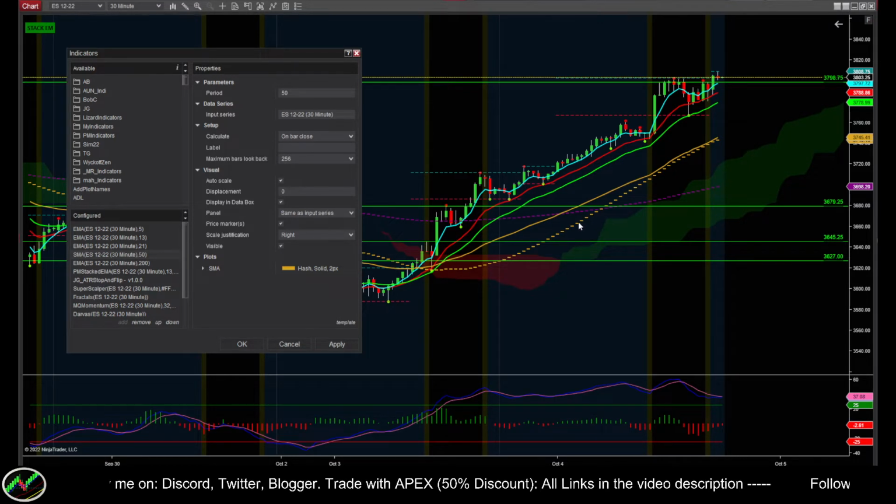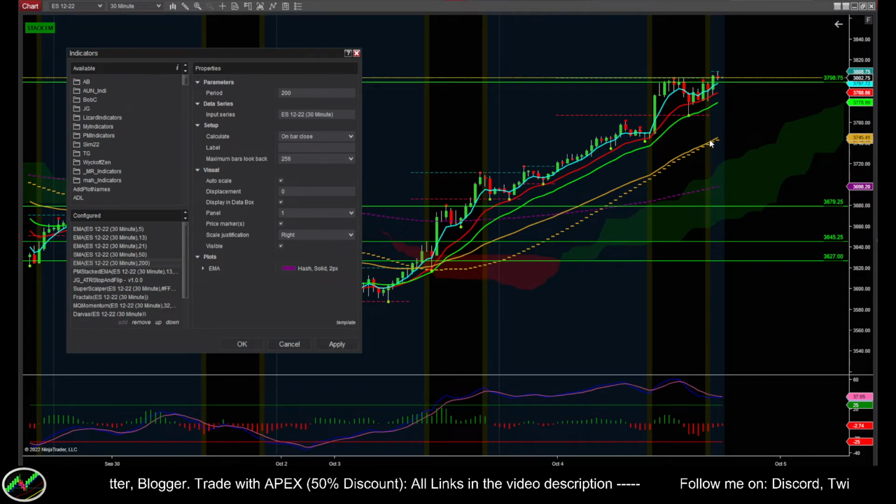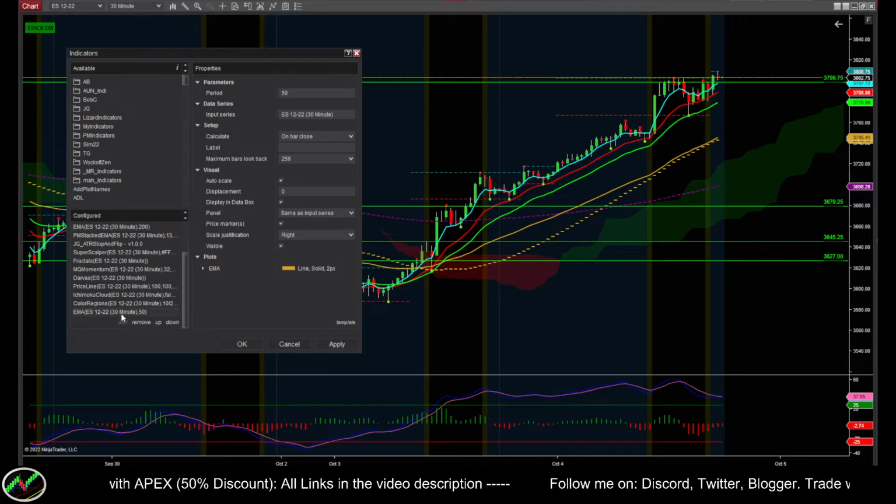And the 200 is this one right here. I do have this one as well. Let me see why I have that one. This is the 50 EMA. There's a reason I have that one there.